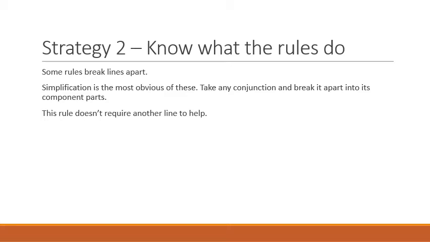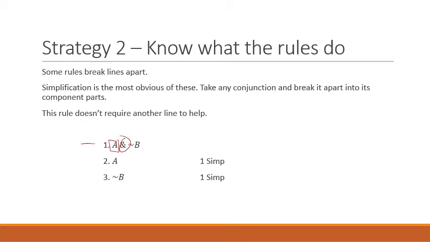And furthermore, this is an easy thing because simplification doesn't require two lines, right? A lot of these rules require two lines in order to work, but simplification you could just do on one line. So all you need is a conjunction, and you can break it apart. So again, here's an example. Number one is our starting point here. In number one, the main connective is a conjunction.